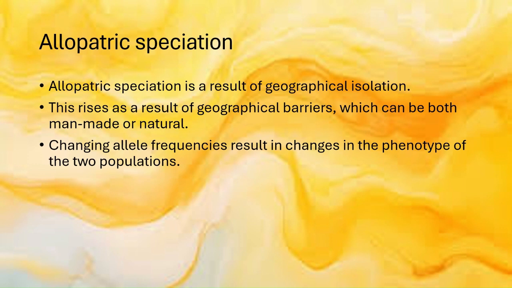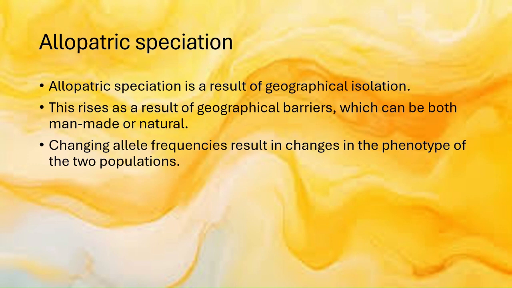So what is allopatric speciation? It is the result of geographical isolation, and this arises as a result of geographical barriers which can be both man-made or natural. So this can be a river splitting down a land, so then the species are split into two geographically, or it could be a man-made thing like a dam being built in the middle of a river.